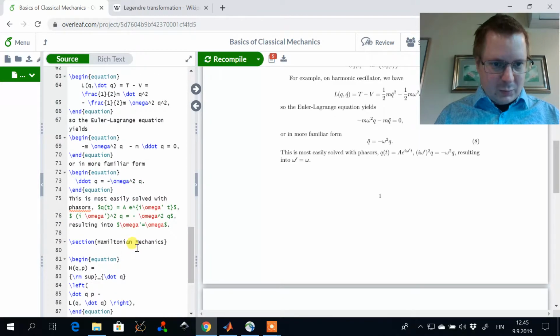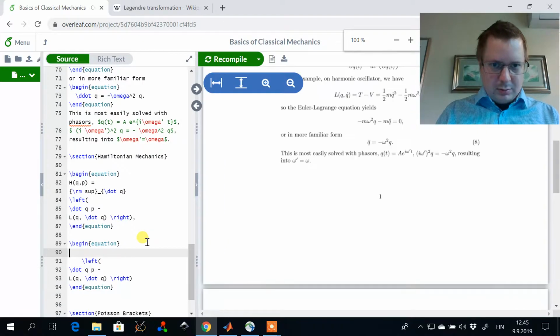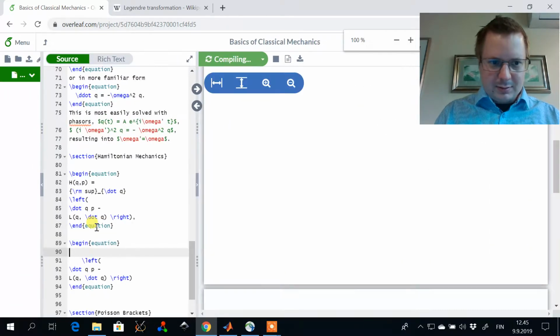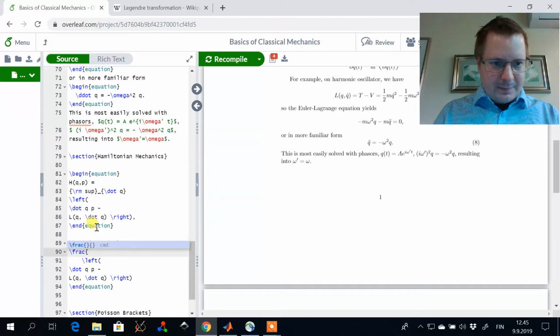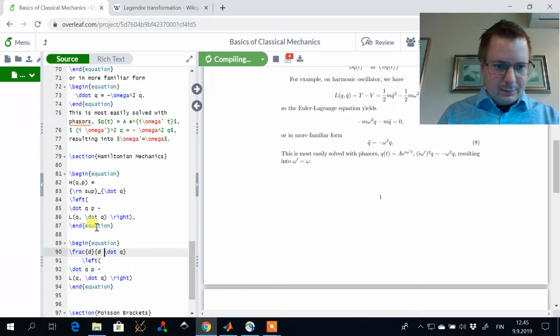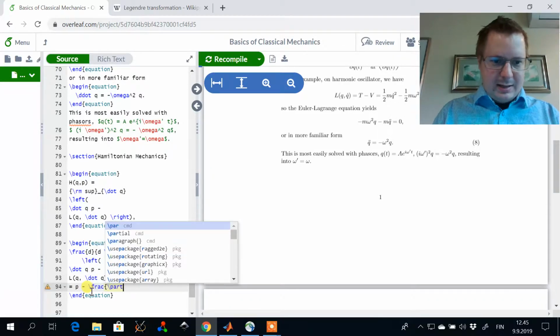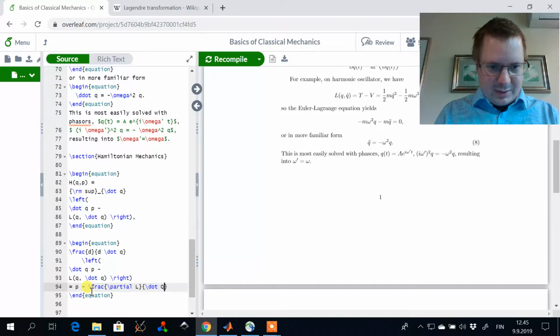So I take the derivative of this thing with respect to dot q, and that will give p, and then minus the derivative of L with respect to dot q, and that needs to be set to 0.